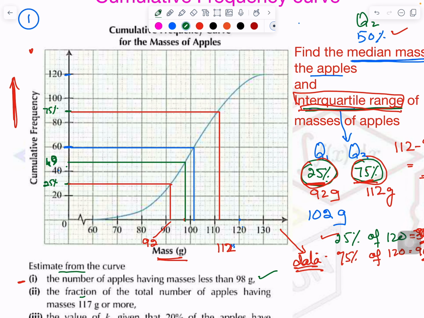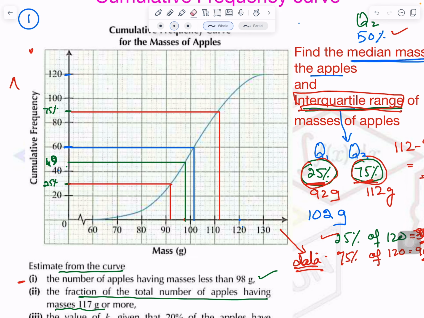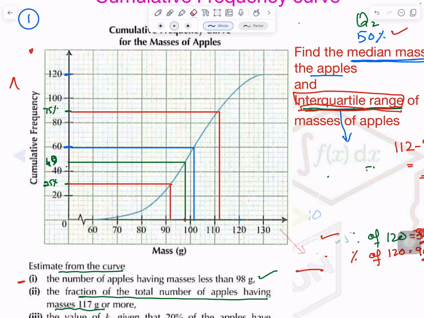You have to estimate from the graph, from the curve, the fraction of the total number of apples having mass 117 or more. Now he's talking about more. Okay, let me just clear up this space so that it is all clear, clean. So now he's talking about, in fraction, tell what fraction of apples have mass more than 117.